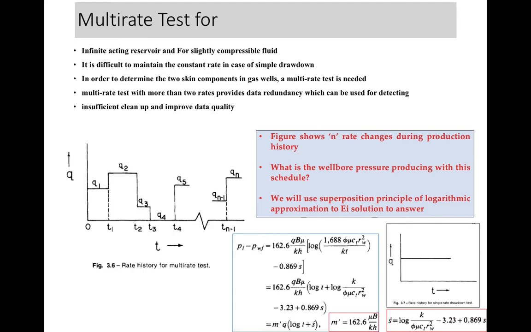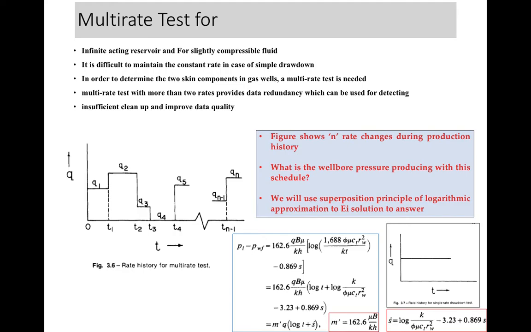Next, a multi-rate test with more than two rates provides data redundancy, which can be used for detecting insufficient cleanup and improving the data quality, right? So the more tests we do, the more the data redundancy can be eliminated, right? It's also important for cleanup.